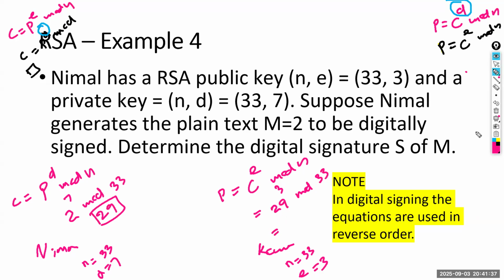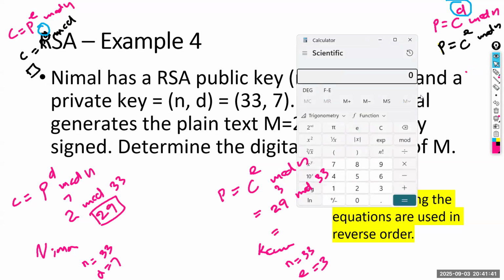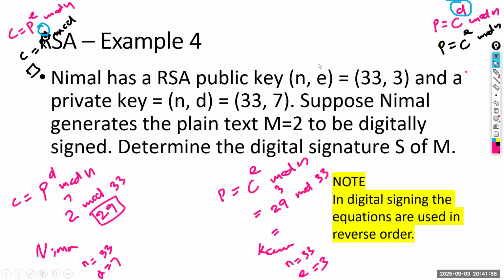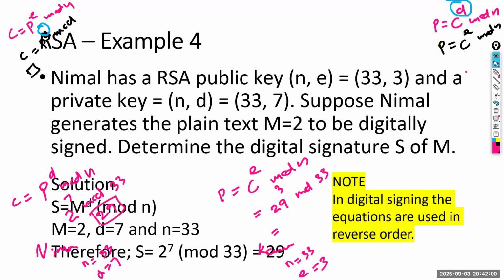Again, I will be using a calculator. Now you need to find mod 33. When you divide by 33, what is the remainder? The answer is 2. Yes, that should be 2, right? Correct. So it worked because we got the original value.